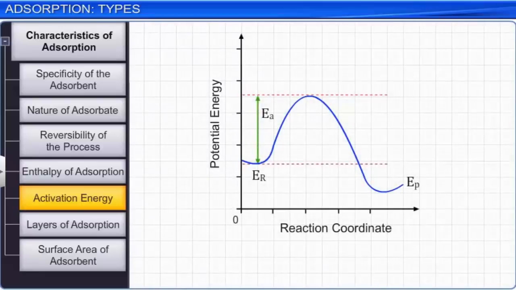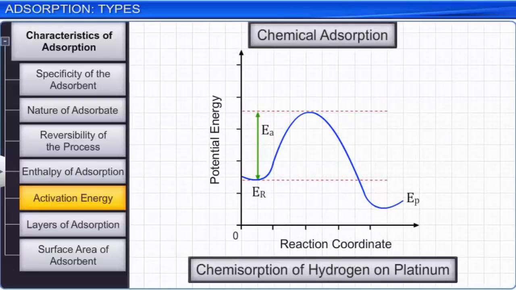Therefore, it does not require activation energy. However, as chemical adsorption involves the formation of surface compounds, activation energy is required for the formation of chemical bonds between the adsorbent and the adsorbate.